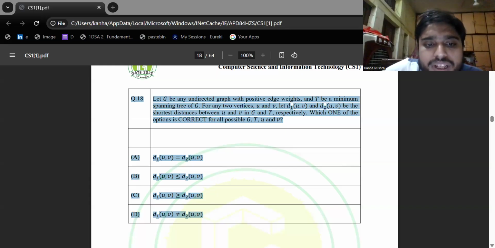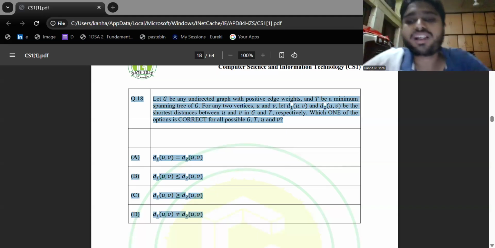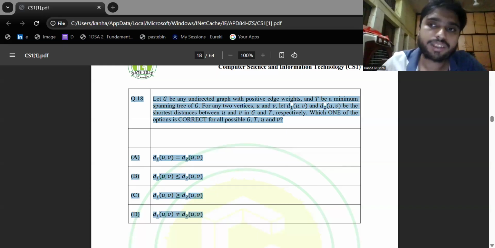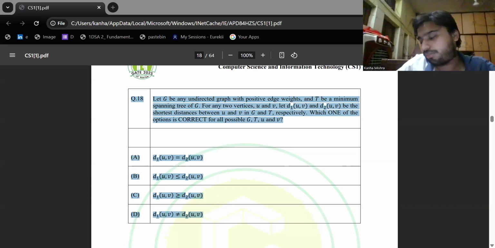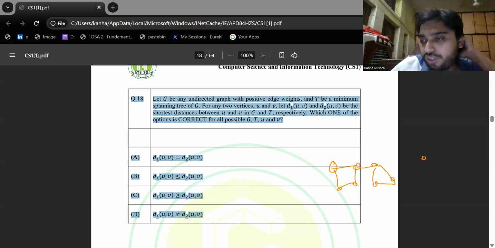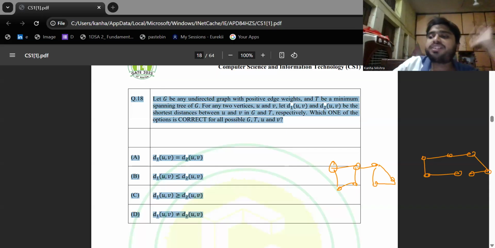What is an MST? An MST is a subset of the graph. It does not have any cycle, and it connects the whole graph with minimum total edge weight. Suppose this is my graph, for example. As you can see, there are cycles, but this is what an MST will look like.